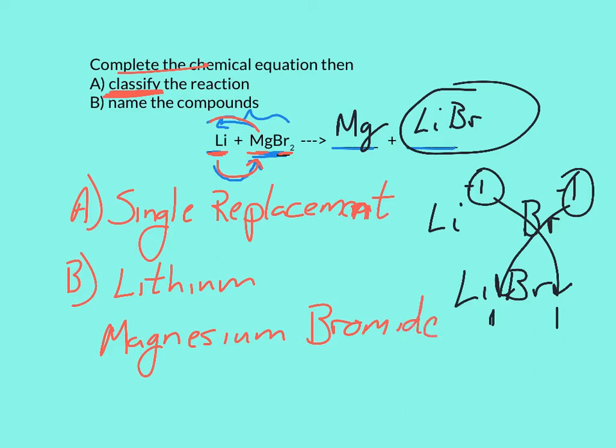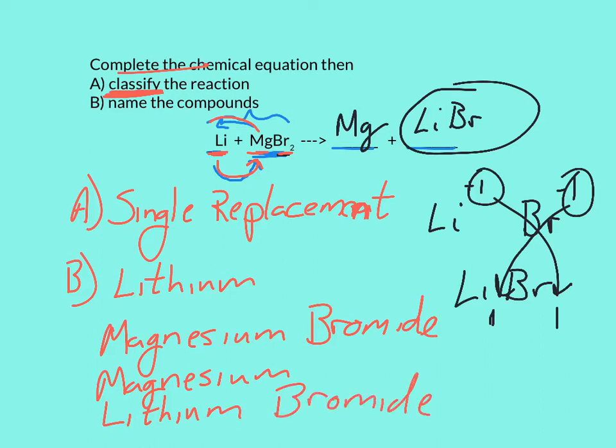So that is magnesium bromide. What do we have in our products? Well, now we've kicked it out and we just have the magnesium all by itself. And we have lithium bromide. Same idea. Name the metal, lithium, name the nonmetal, change its ending. That is lithium bromide.